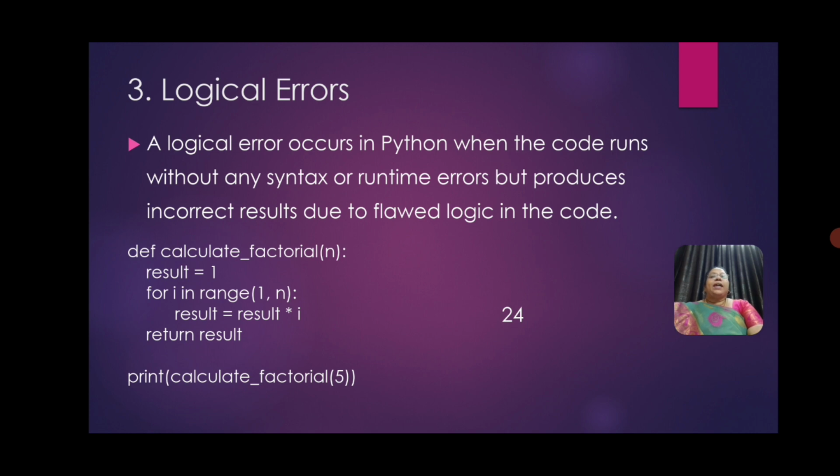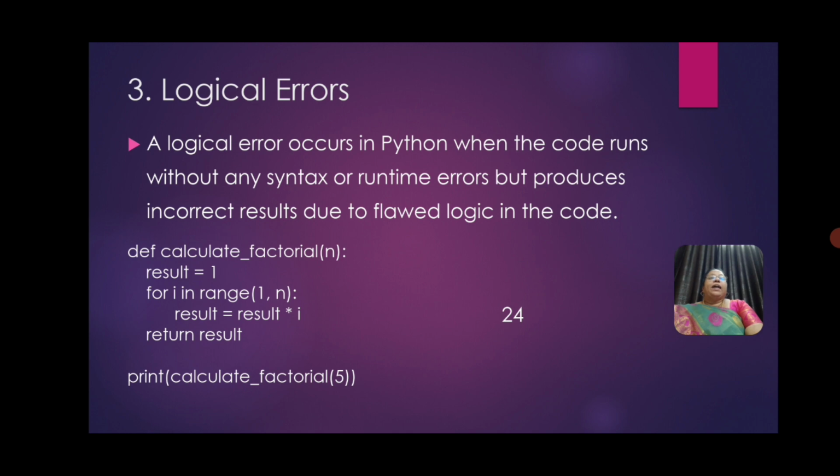Example, def calculate_factorial(n): result = 1, for i in range(1, n): result = result * i, return result, print(calculate_factorial(5)).